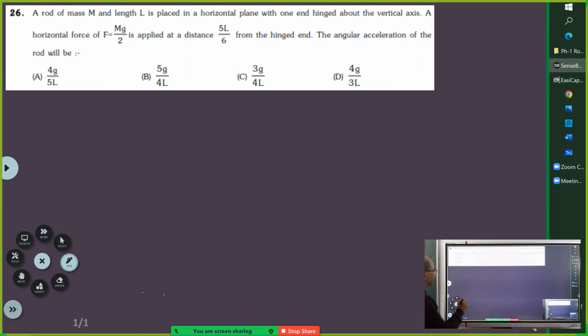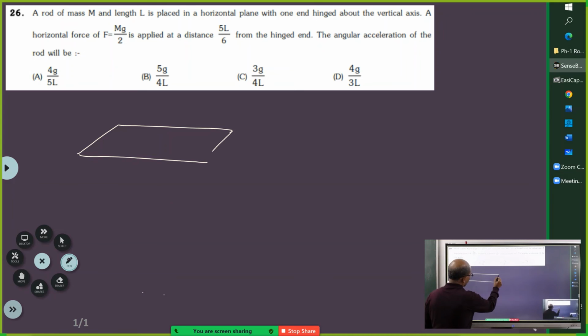So get hold of the problem. There is a rod hinged at this point, and this is the horizontal.